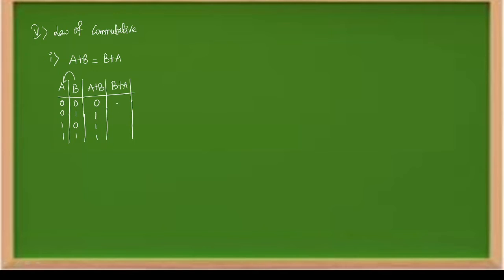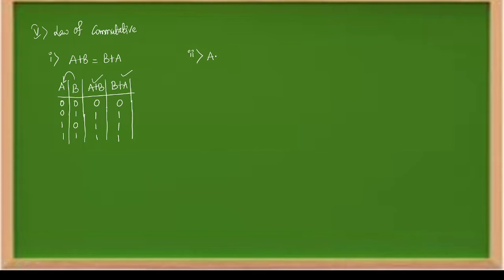So 0 or 0 is 0. Next, 1 or 0 is 1 again. 0 or 1 is 1 again. 1 or 1 is 1 again. By seeing the entries of the third column and fourth column, you can say that A plus B is the same as B plus A. This is one law which is taken from the logical OR operation.